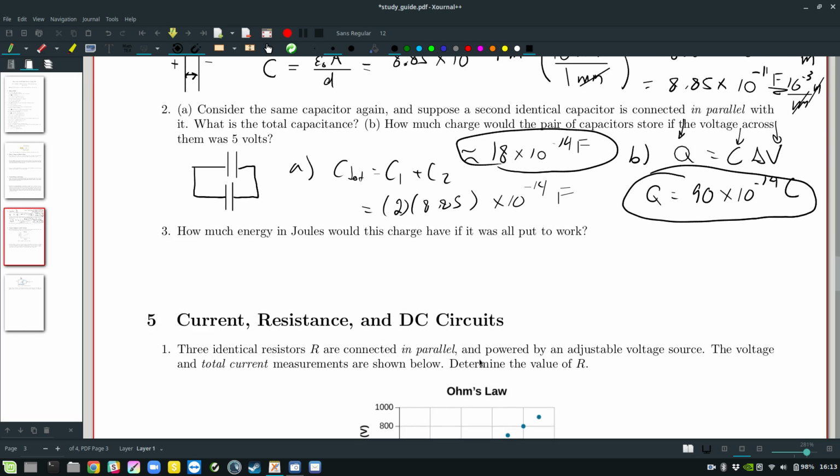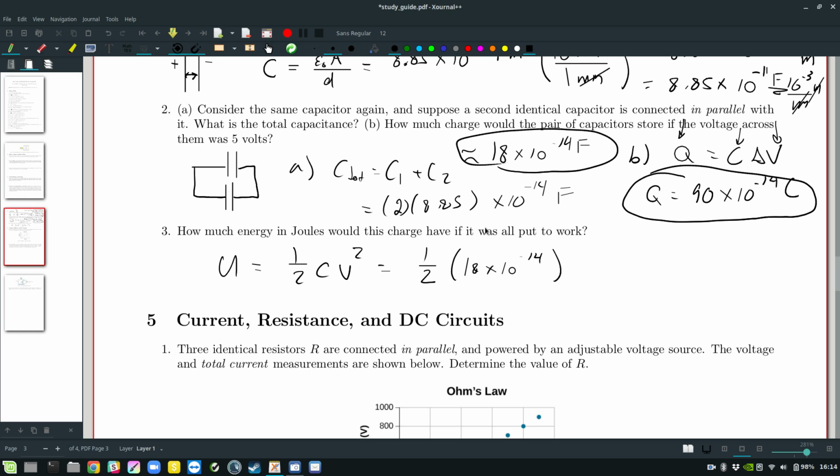How much energy in joules would this charge have if it was all put to work? So the potential energy stored in a capacitor is 1/2 CV squared. So let's put 1/2. The total capacitance was 18 times 10 to the minus 14 farads, but then we're going to multiply by voltage squared.